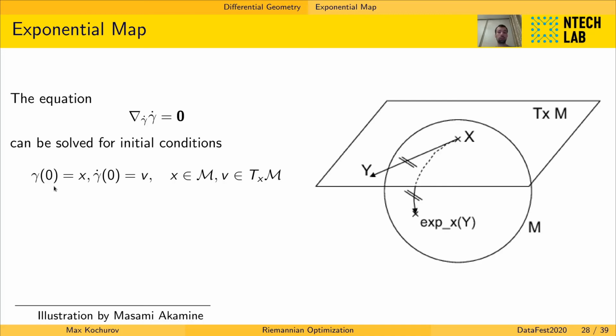For example, given gamma 0 equal to x, the initial direction, the initial velocity equal to v, they of course belong to the manifold and tangent space of x accordingly, we get the unique solution. We get unique curve starting at x with velocity v, and we can work with this curve because it's unique and it's well defined.